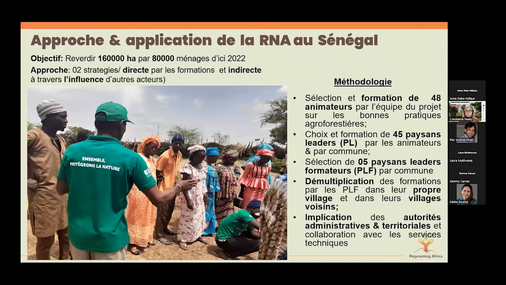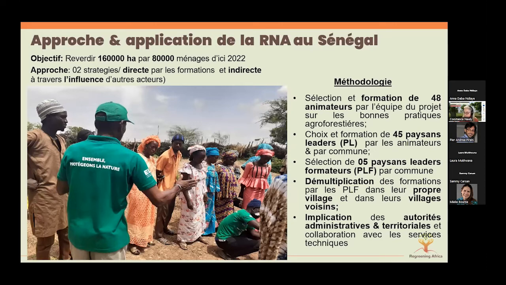And we have a third stage that multiplies the trainings for the lead farmers and the training farmers, and we did so in other villages. We can also talk about the involvement of administrative and territorial authorities and collaboration with technical services throughout this stage.